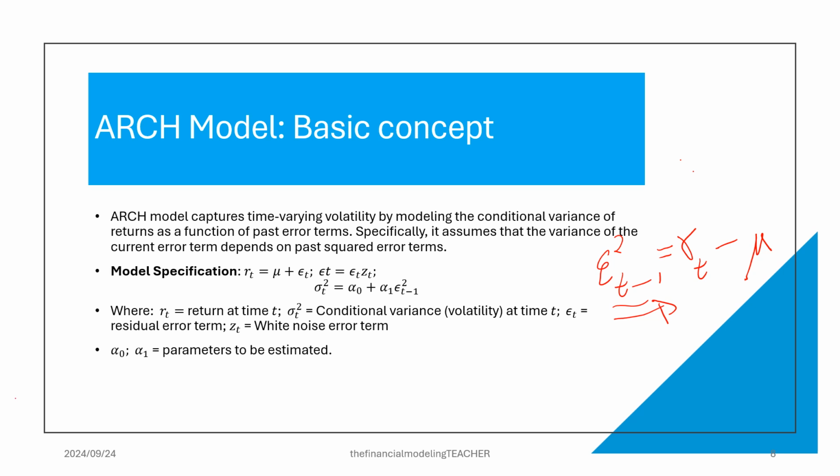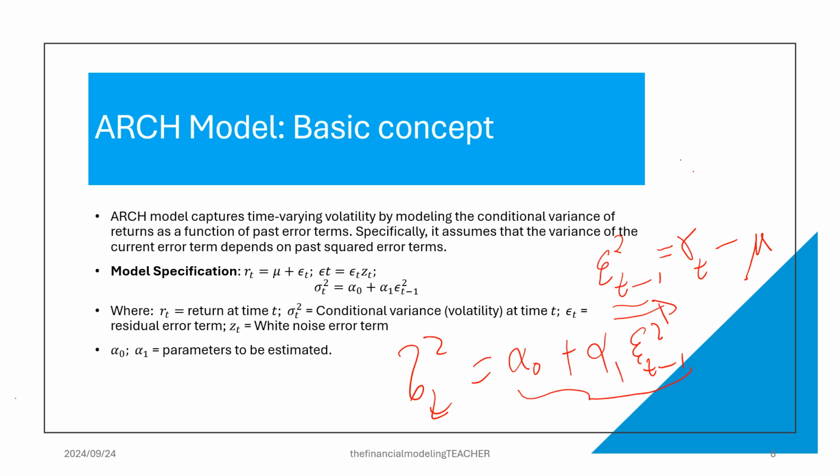Once again, the coefficient A0 is the average volatility over time, or long-term average volatility, plus the coefficient A1, which multiplies the past error term itself. So now with this relationship we have a linear combination to be complete.